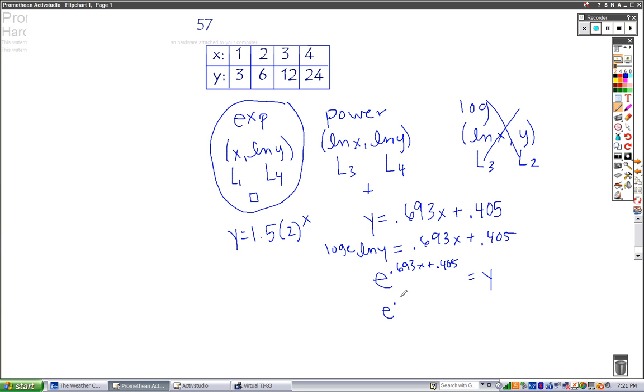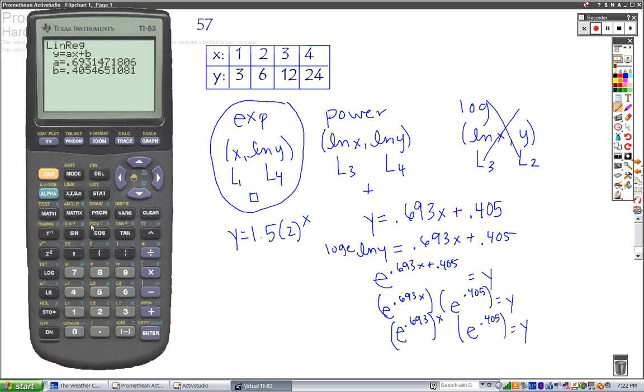Remember that I can separate this like this, because when you multiply and you have the same base, you add your exponents. Alright, so I can really rewrite this as e to the 0.693 to the x, e to the 0.405 equals y.